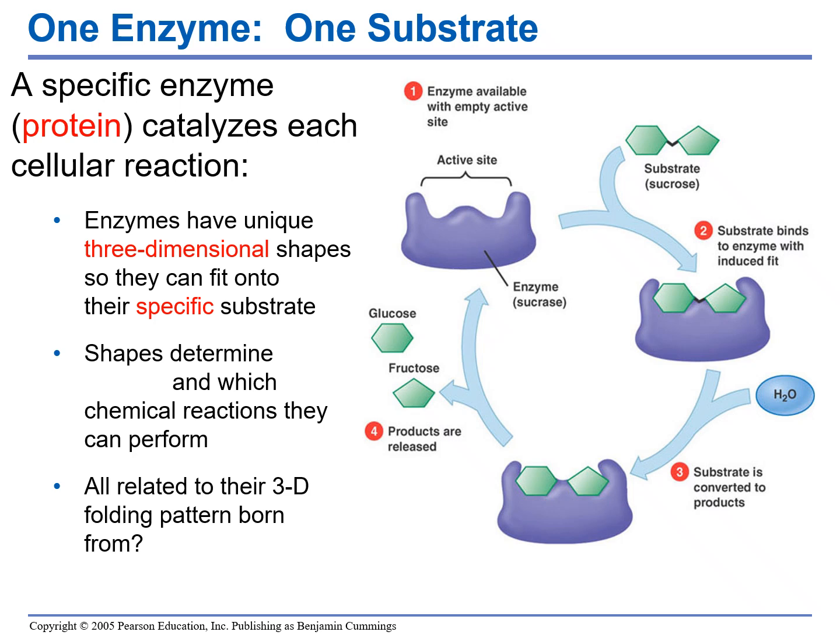Their shapes then determine their functions and which chemical reaction they can perform. And they are all related to their 3D folding pattern, which is coded in the DNA strands, which then form your amino acids. And amino acids, as we know, when they get together, they form a polypeptide chain, which becomes a protein.